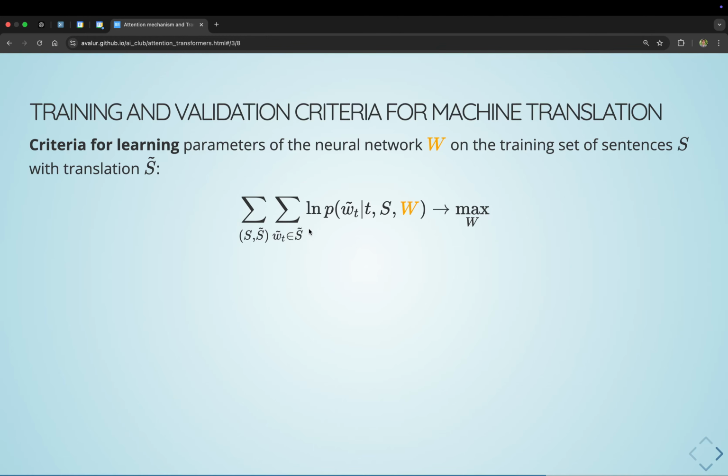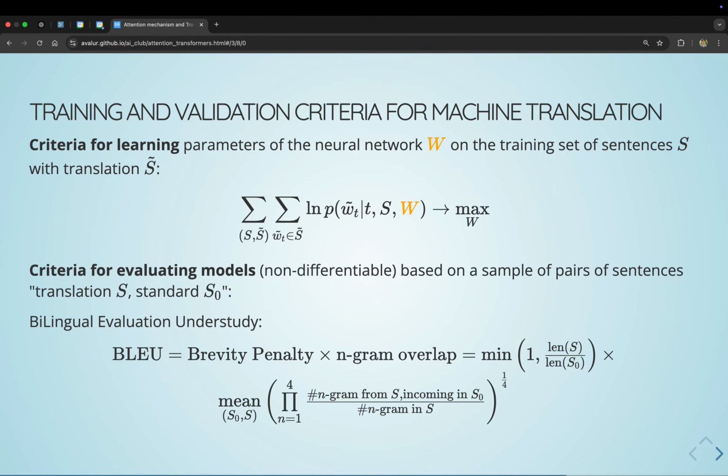We sum all the logarithms of probabilities, and this is our likelihood function, or if we put a minus before, it will be our loss function in the model. And actually it is cross entropy.